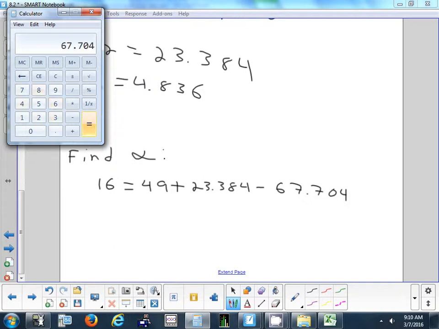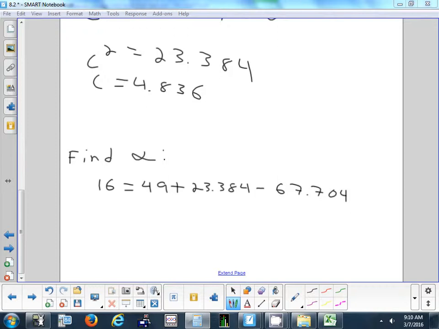Yep, we're fine. Times cosine, what angle are we finding? Theta. Not beta, theta. Alpha. We're finding alpha.